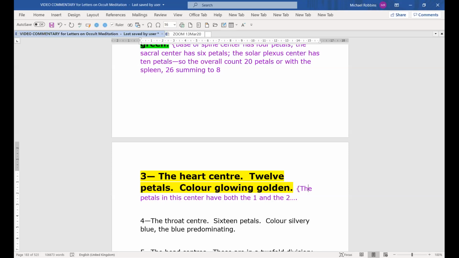So there is generally the idea of love associated with the heart center, because it's a very Buddhic center. And the 6th principle of Buddhi is basically love, or maybe we want to call it love wisdom.